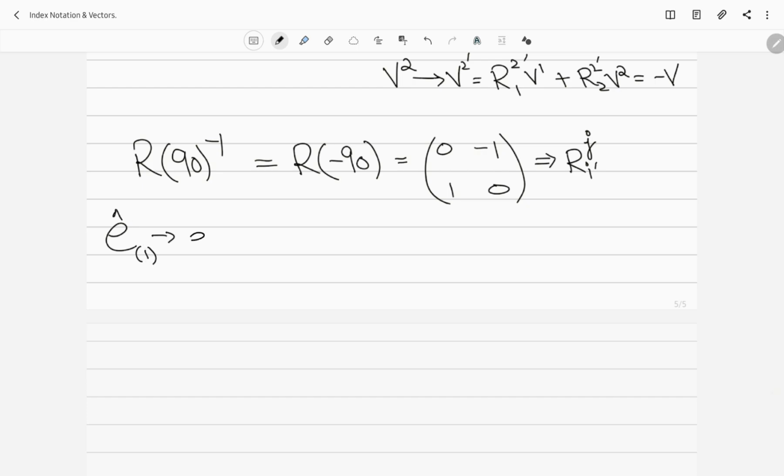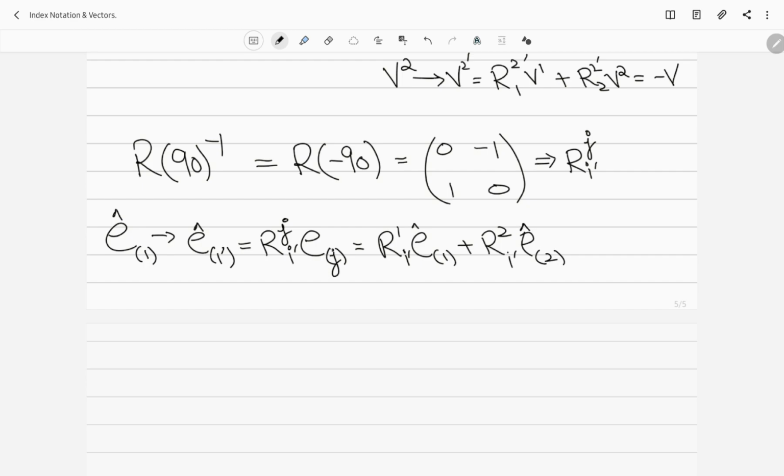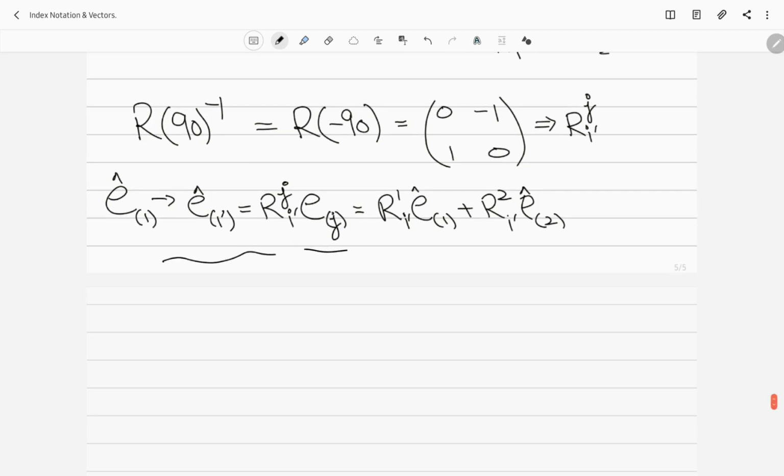hat transforms as E1 prime hat, which is equal to Rj I prime on E1, or let's write J over here first, and now let's sum over the repeated indices, where you would have R I prime 1 E1 hat plus R 2 I prime E2 hat, right?